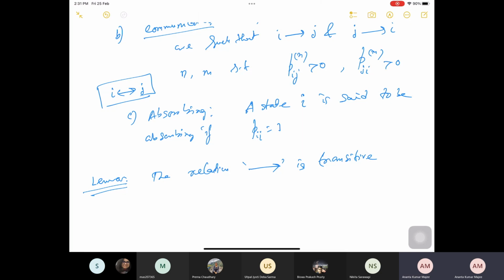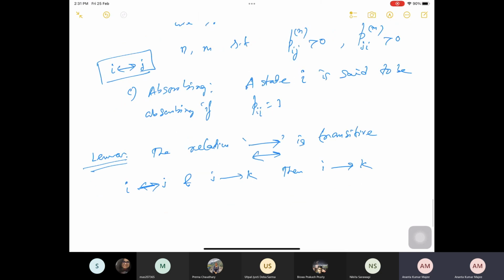It says that if my state J is accessible from state I, and my state K is accessible from J, then I can expect that state K should be accessible from I. Similarly, the communicating relation is also transitive, and so on. This is nothing but your Chapman-Kolmogorov equation.